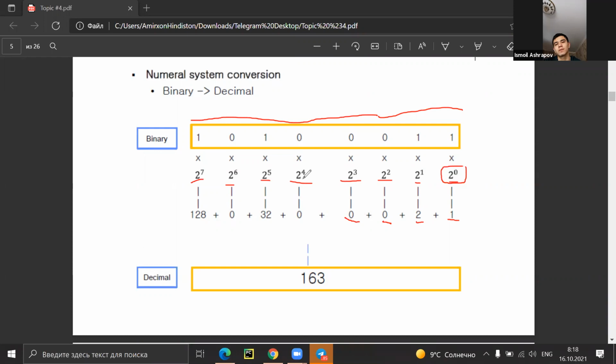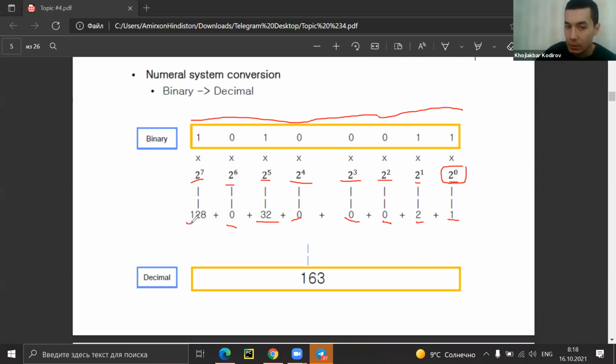Then 2 to the power of 4 is 16. 16 multiplied by 0 is 0. 2 to the power of 5 is 32. 32 multiplied by 1 is 32. 2 to the power of 6 is 64, multiplied by 0 is 0. 2 to the power of 7 is 128. 128 multiplied by 1 is 128.